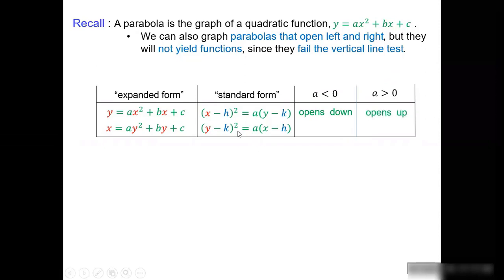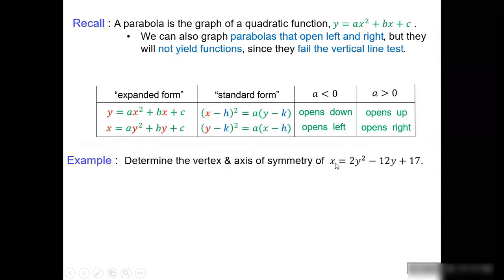On the other hand, if y is the quantity being squared, we know it opens either left or right along the x-axis. And so if a is negative, we know it opens to the left. And if a is positive, we know it'll open to the right.